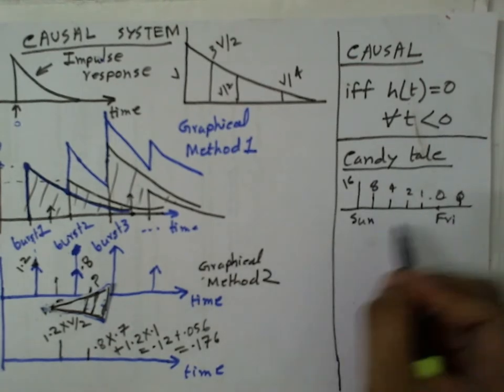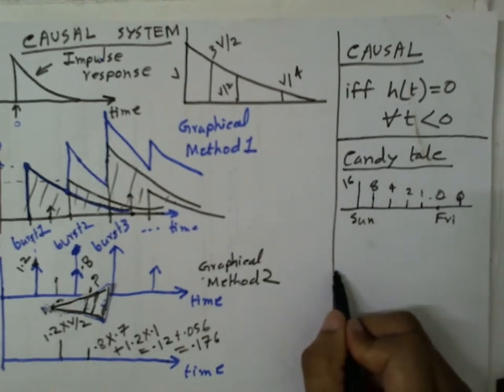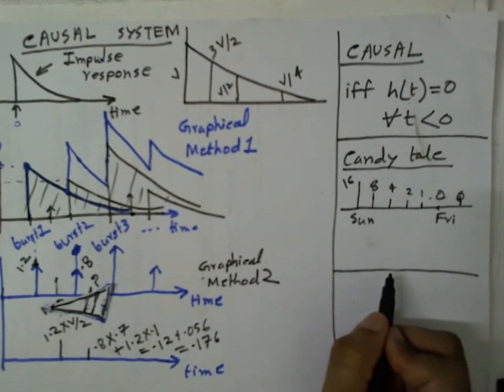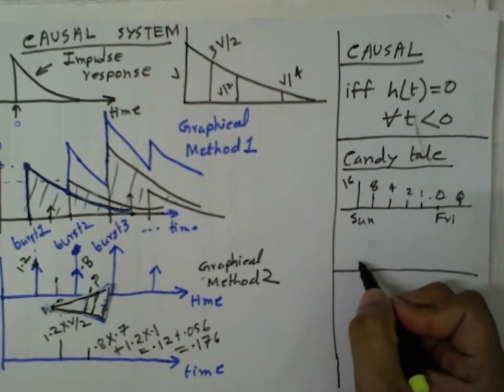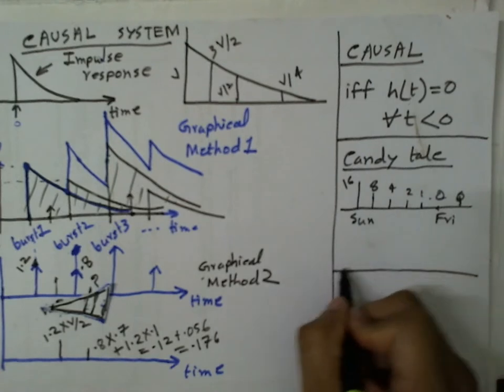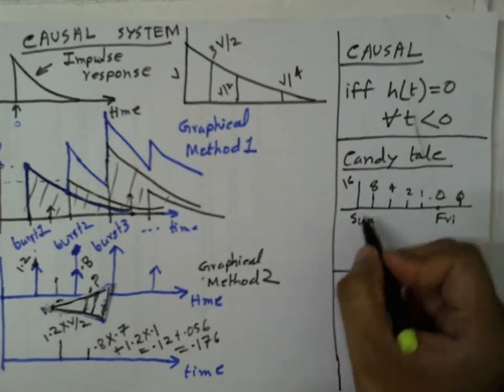So I used to borrow some candies on Saturday, and therefore this impulse response, which is the number of candies over each day, used to look like this.